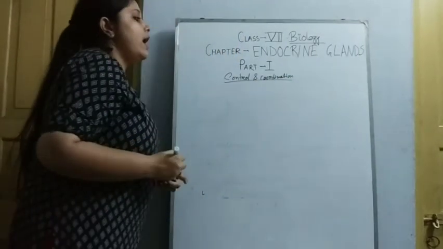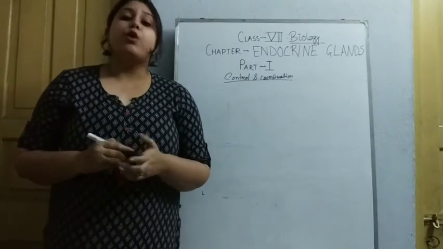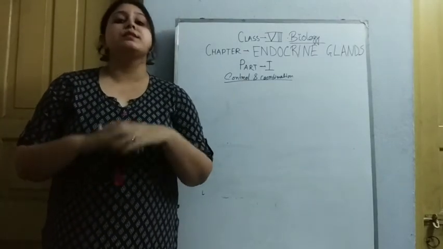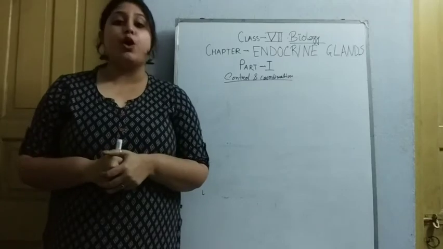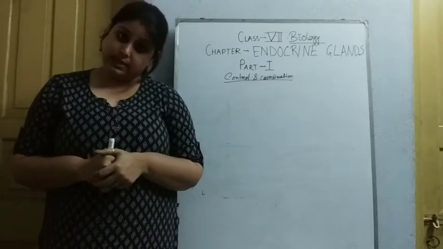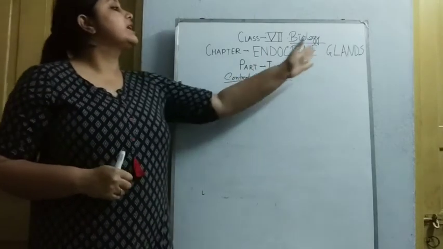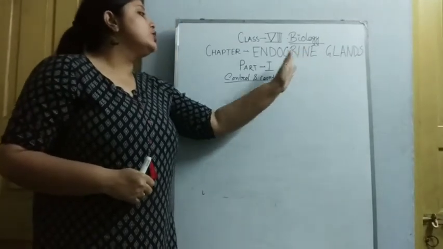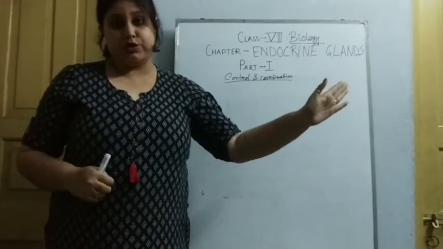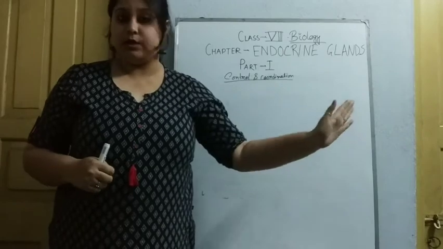As we all know, our body consists of many cells, many tissues, many organs and organ systems. The main function of these endocrine glands is to coordinate them, to function properly.